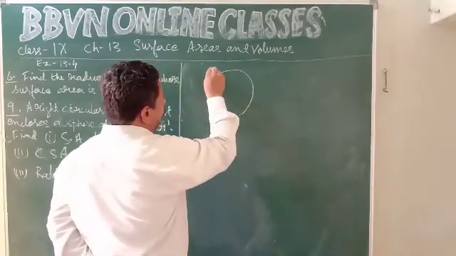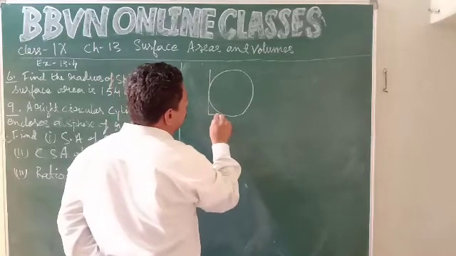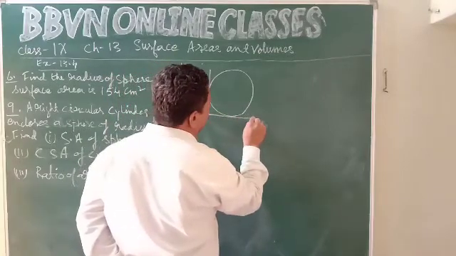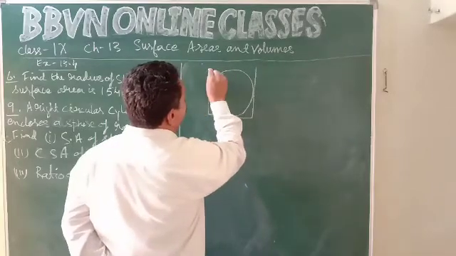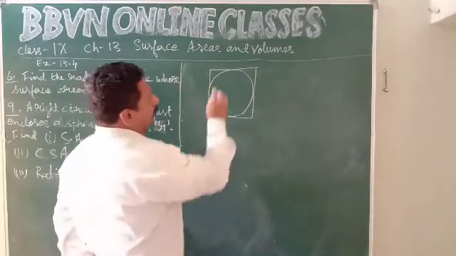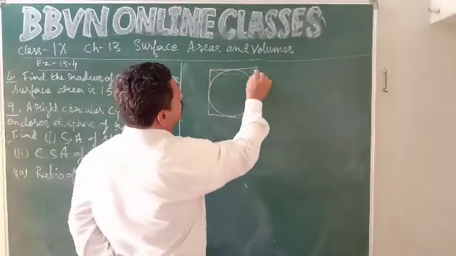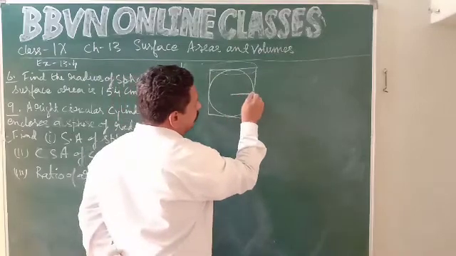Sphere, it is just enclosed inside a cylinder, right circular cylinder. Hope you got it. So ये हमारा cylinder. अच्छा, what is the radius of the sphere?